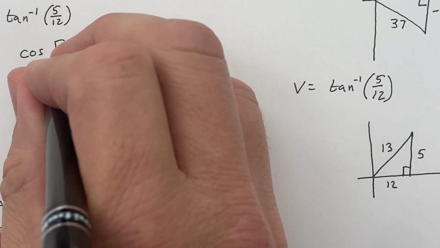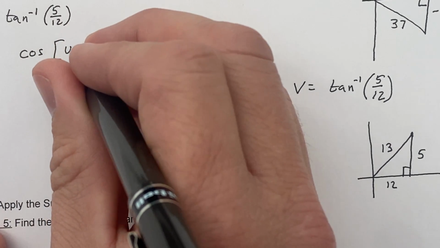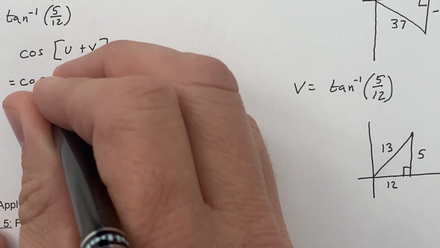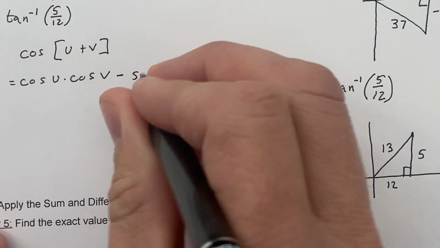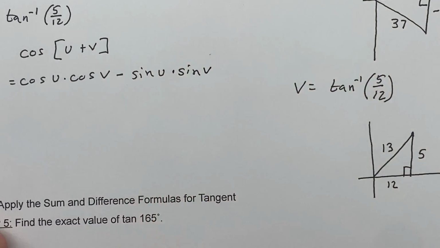Cosine of u plus v means cosine of u times cosine of v minus the sine of u sine of v.